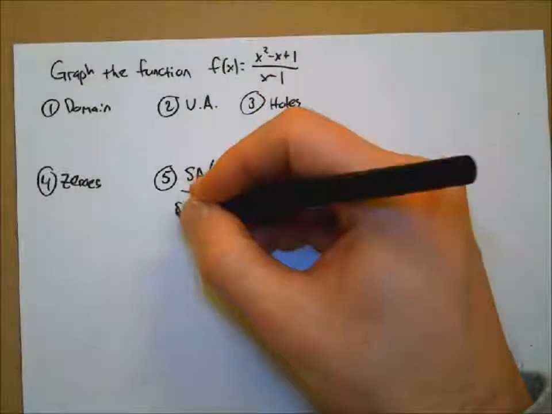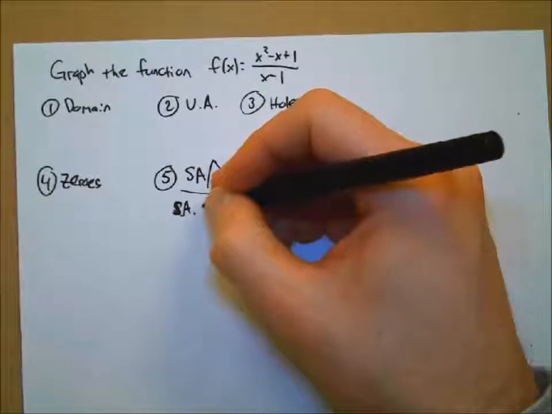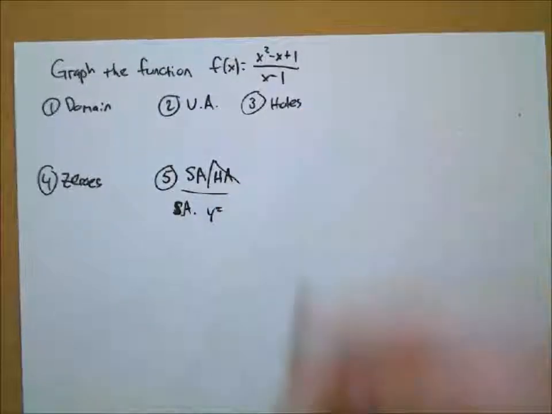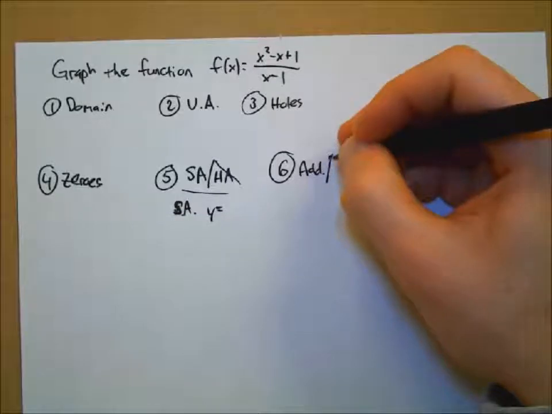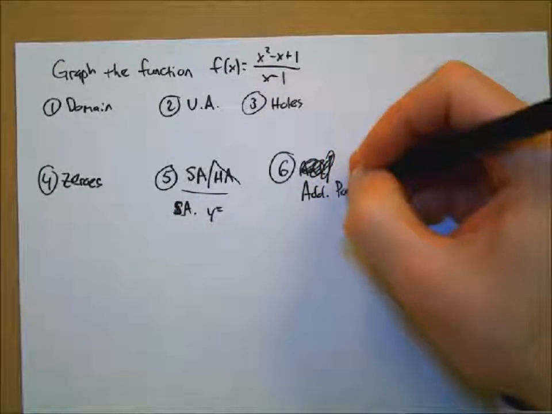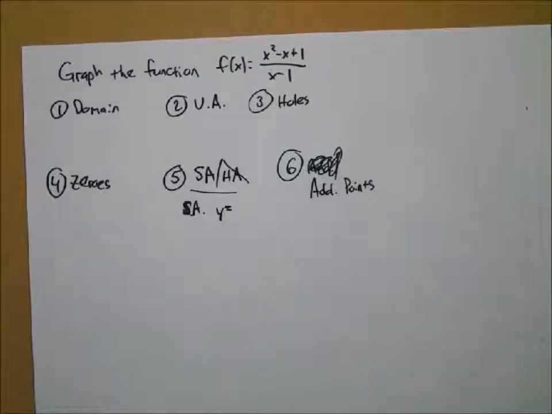You can go ahead and find that one. And then we'll see if we need any additional points too. So go ahead, take a few minutes and answer those questions as best you can. I will do the same.